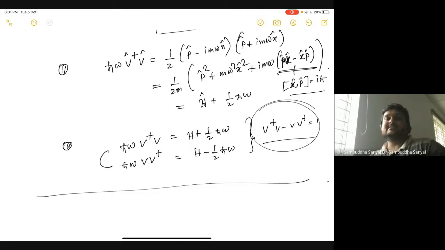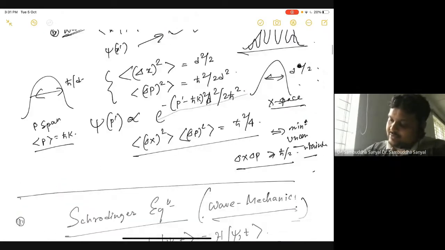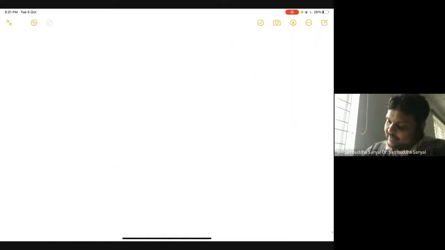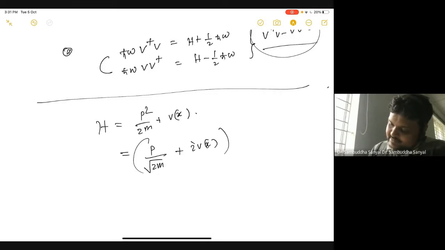I will take the rest of the mechanism and formalism of this ladder operator and algebraic operator business tomorrow on Thursday. But this is the outline, and notice that you can do this for any Hamiltonian of this form. You can play this game of factorizing, with p by root 2m plus i u(x) and p by root 2m minus i u(x).